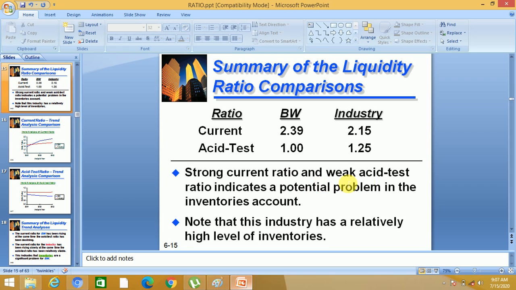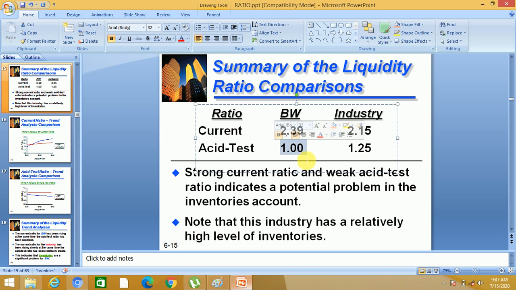A strong current ratio and weak acid test ratio indicates a potential problem in the inventories account. Why is our current ratio above the industry average and our quick ratio below the industry? This is because of the inventory. We have too much inventory.